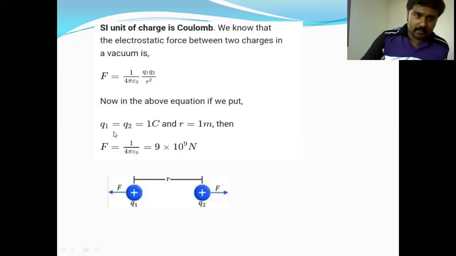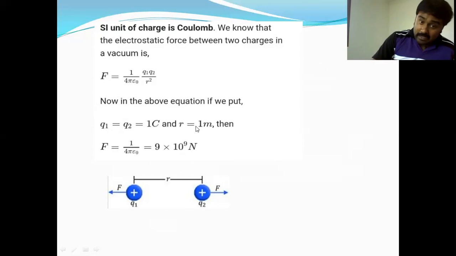If Q1 and Q2 are 1 coulomb and R is 1 meter, then substituting the values of Q1, Q2, and R in this equation, we get F is equal to 1 divided by 4 pi epsilon naught into 1 divided by 1, so that is 1.